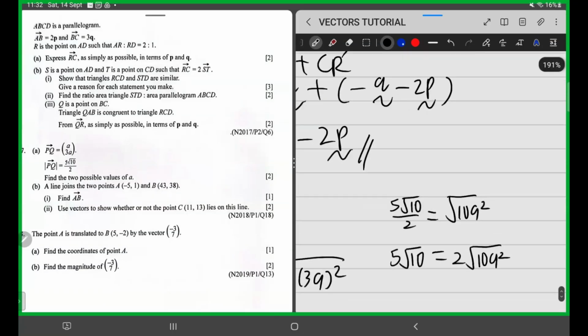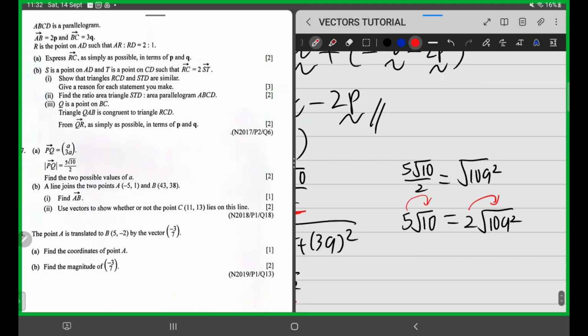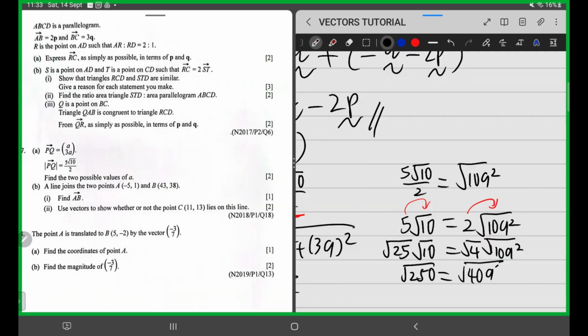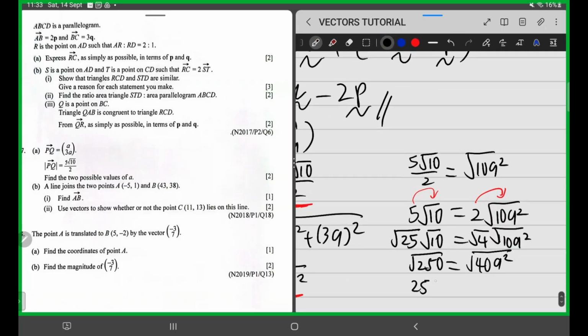You can bring the 5 in and then you bring the 2 in to just have one square root on each side. So this 5, right, is just square root 25 times square root 10. And then this is square root 4 times square root 10a squared. So you get square root 250 equals square root 40a squared. So therefore, you know that 250 equals 40a squared.